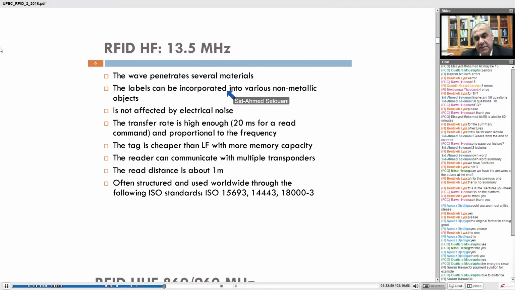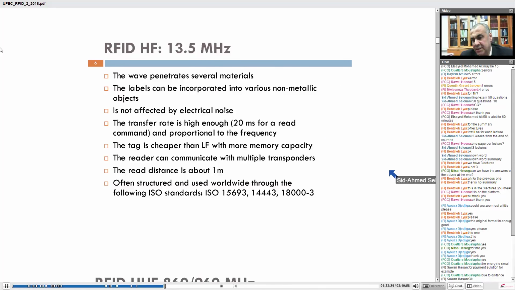Remember this. High frequency is increased compared with the low frequency. It's 13.56 megahertz. So the wave penetrates several materials. We have the same advantages as low frequency, because water and metal are not obstacles for that.